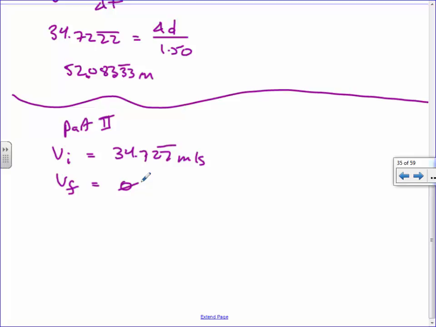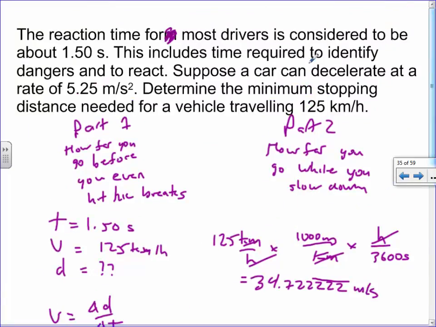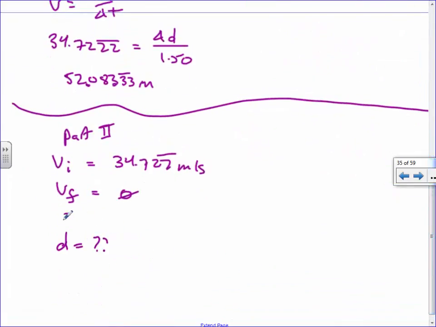We need to know at least something else to make this work, because we want to know distance. But as I look at this, the other number we have here is the deceleration of 5.25. So I do have that deceleration number right there. Except I shouldn't use 5.25.